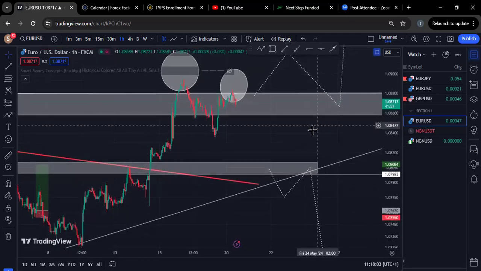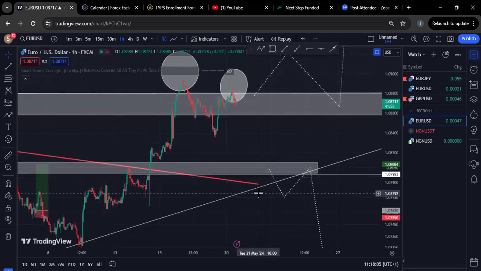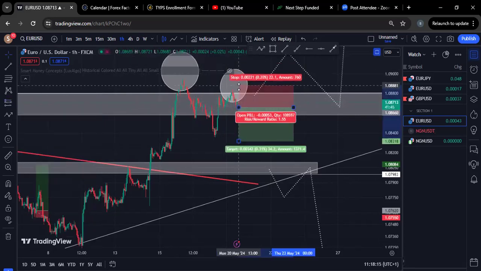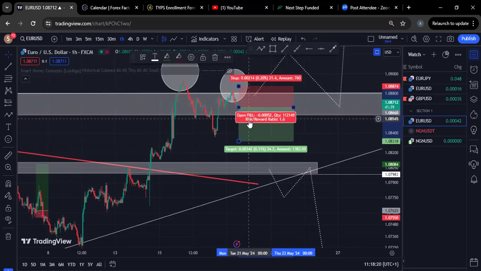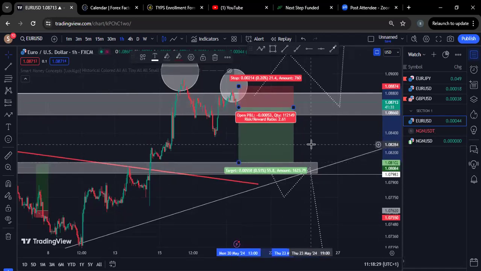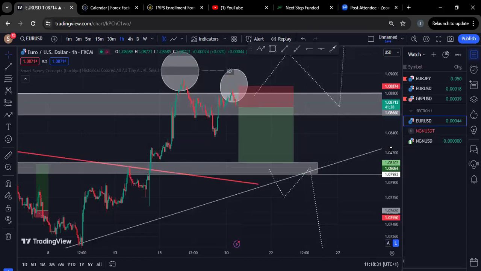At this point, because today is Monday, we will not take any action. But somebody can still come in to say he's going to buy, or rather he's going to sell, and it's not wrong. He can short from here, maybe just to scalp, risking 20 pips or 21 pips for a 55.